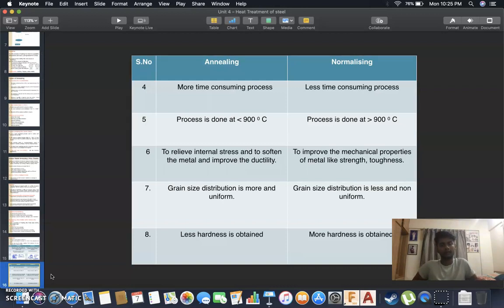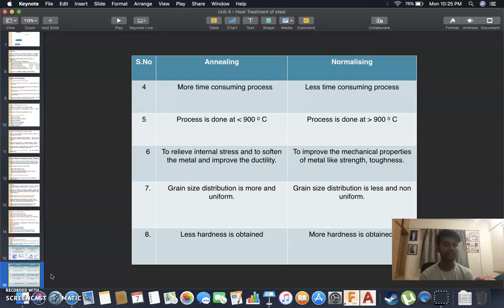And annealing is a more time consuming process, and normalizing is less time consuming. Annealing is done at less than 900 degrees centigrade, and normalizing is done at more than 900 degrees centigrade. Annealing is to relieve internal stresses, soften the metal and improve ductility. Normalizing is to improve the mechanical properties of the metal like strength and toughness.